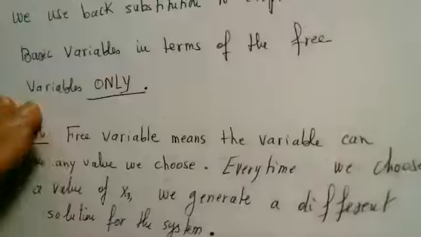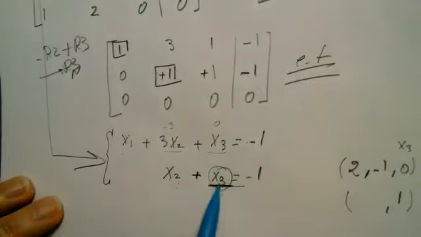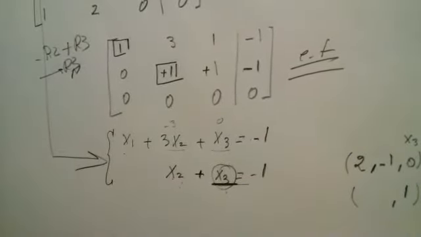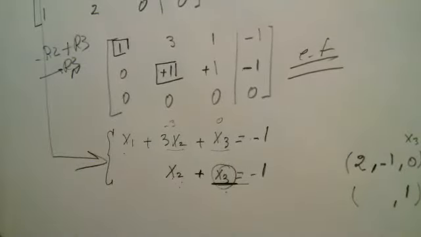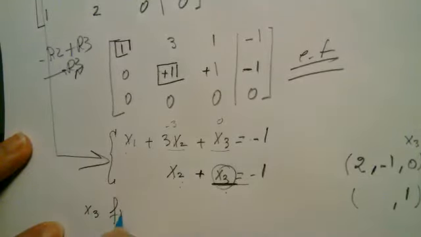Now I will apply this verbatim to our system. So right here, as I said, every time I change x3, I generate a new system. So now how are we going to write the solution? We will write the following. x3, we're going to choose it to be a free variable.